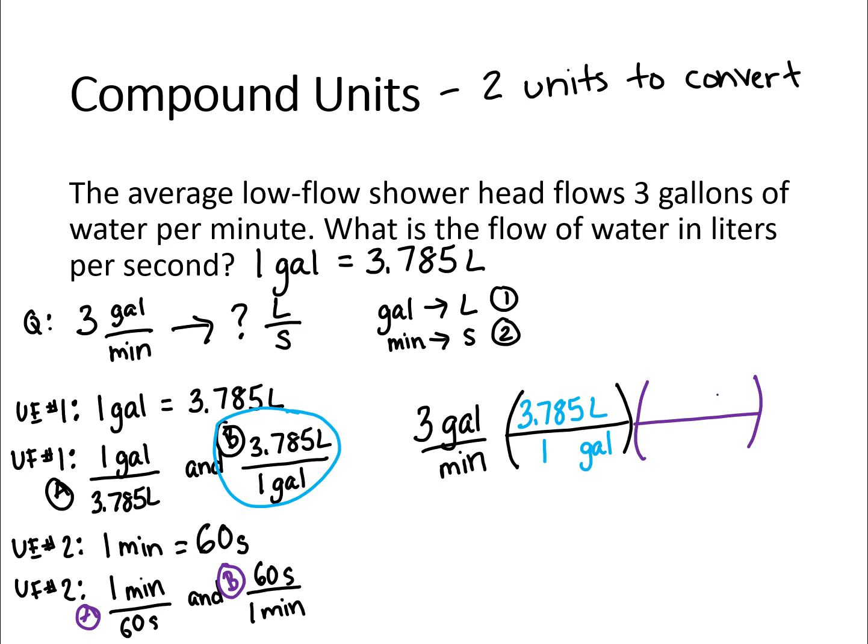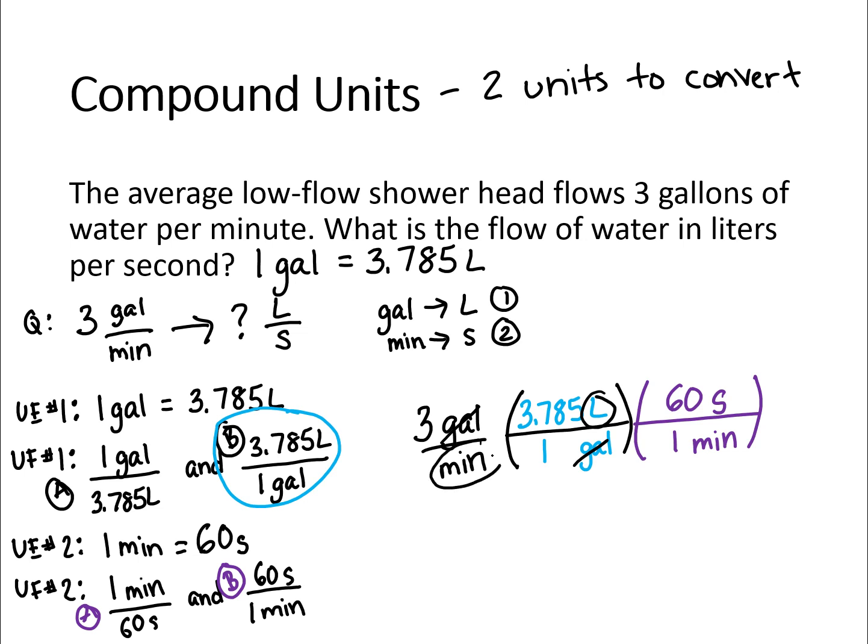Let's say that I put 60 seconds and 1 minute. And then, before I touch my calculator, I make sure that I do my unit analysis. So gallons cancel, and I'm left with liters. But my minutes, I can't cancel my minutes.